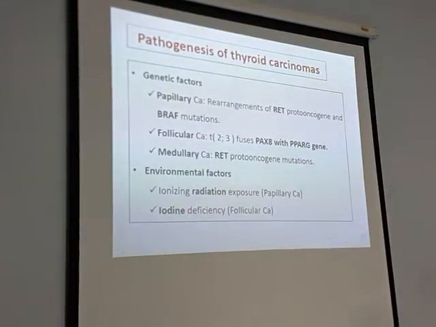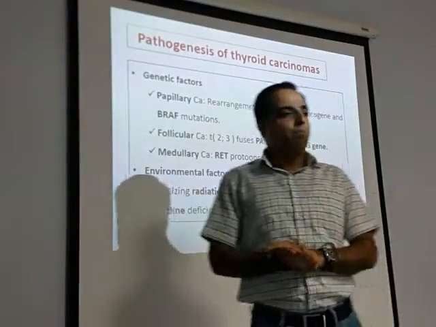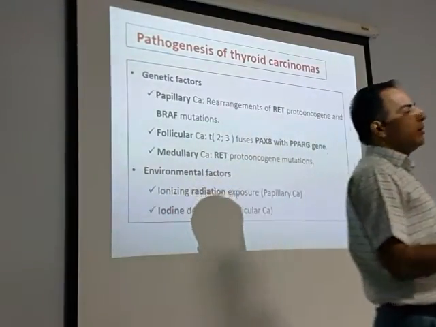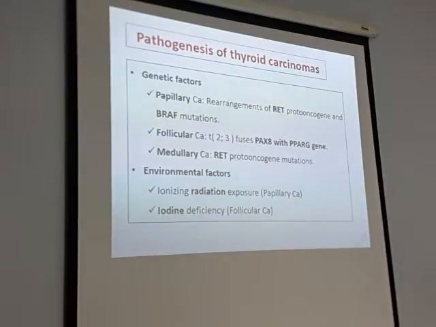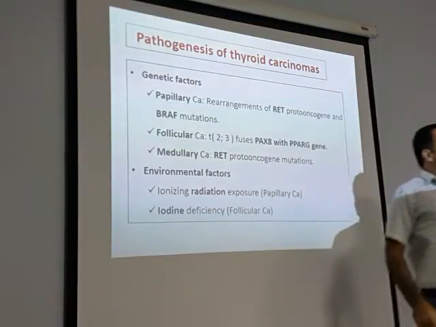Now, how do these thyroid cancers occur? The most important factors are genetic factors. There is damage to the genes, in the chromosomes, or you can say mutations. And there are environmental factors. One factor is iodine deficiency.